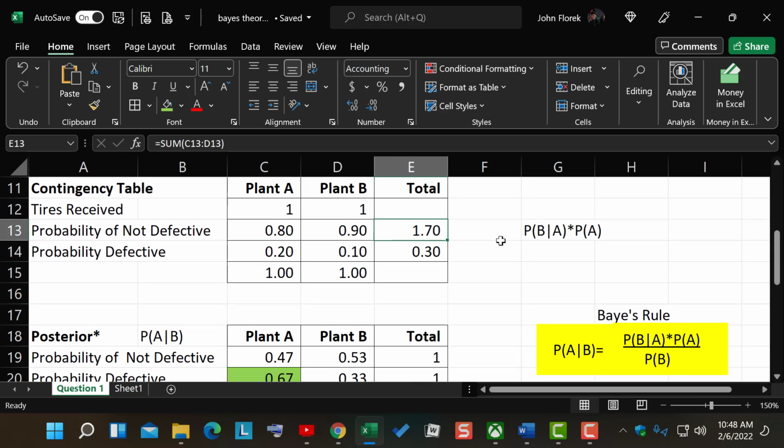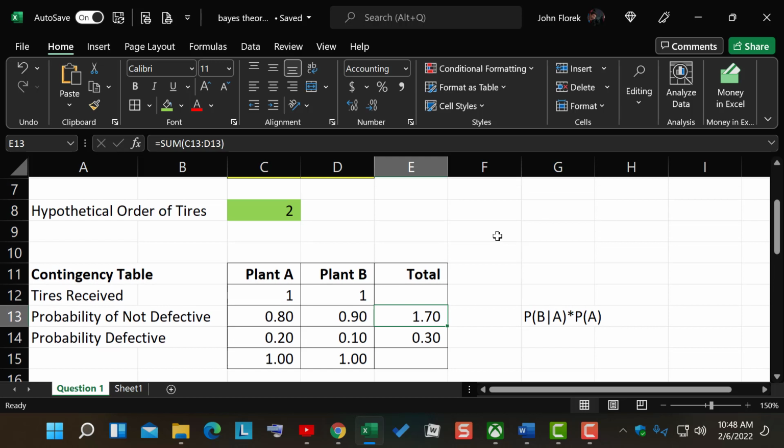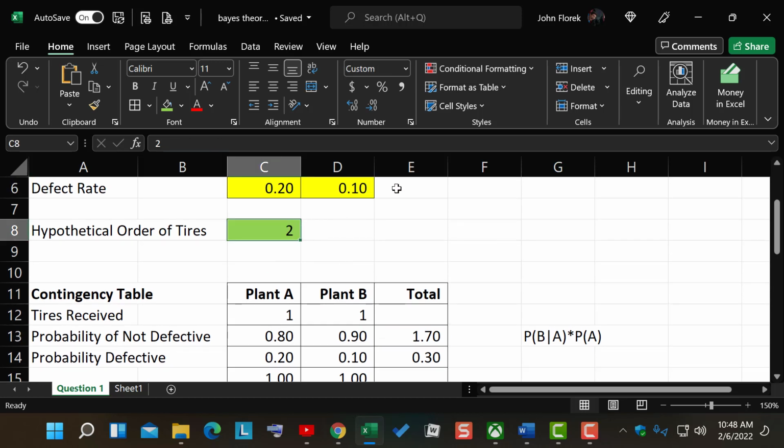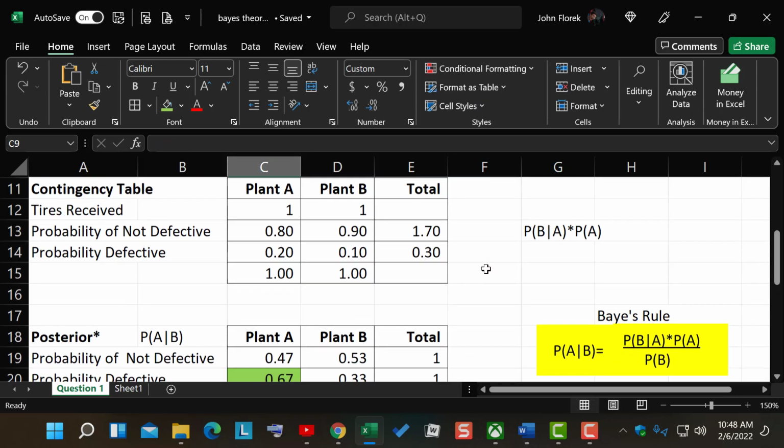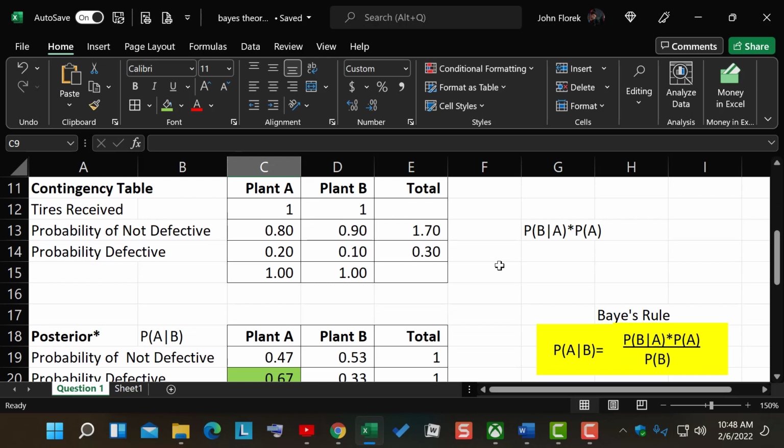It would make more sense temporarily, I'm just going to change this to 100 tires. And then this makes a little more sense. Of your order of 100 tires, 85 are not defective. 15 tires are defective. I'm going to change this back to 2 just to get it back to a percentage.